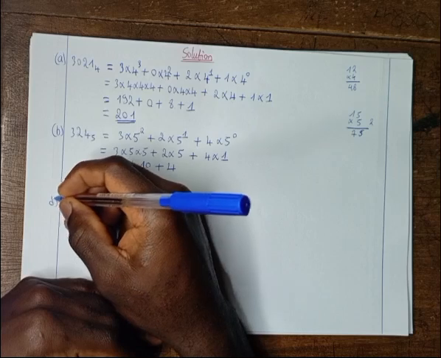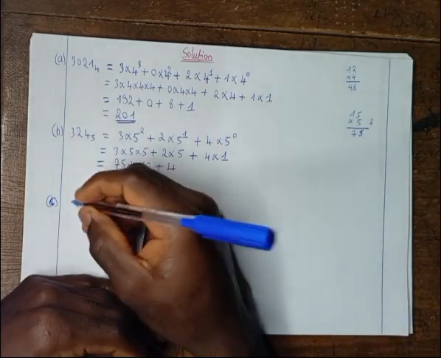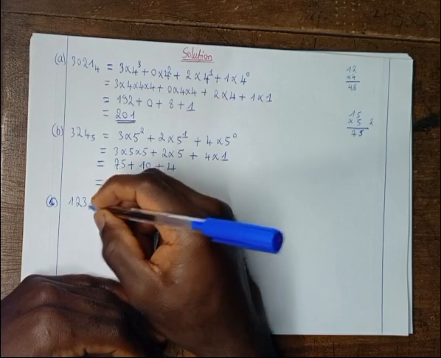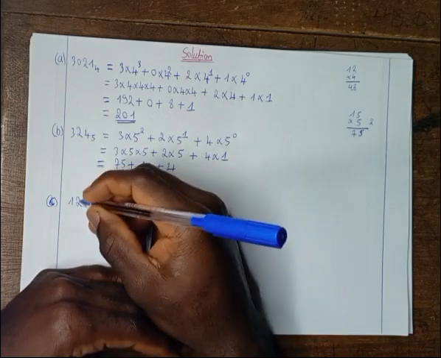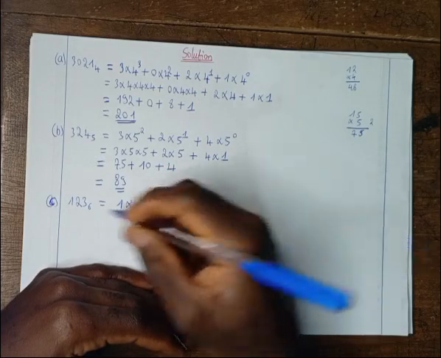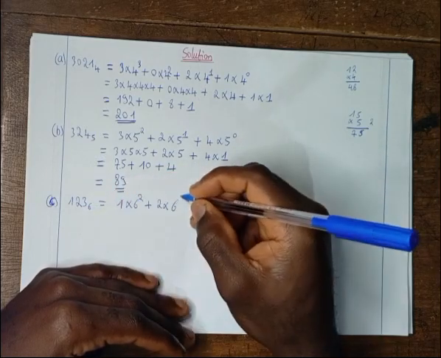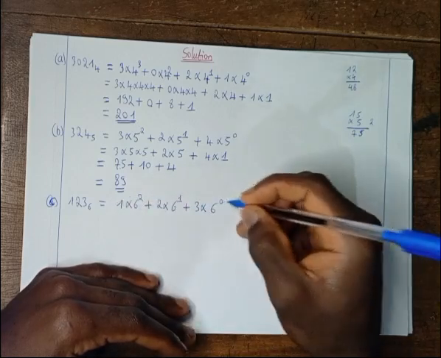Next we go to C, question C. For C we have the number 1, 2, 3 in base 6. This will give us 1 times the base, 6 raised to the power 2, plus 2 times 6 raised to the power 1, plus 3 times 6 raised to the power 0.